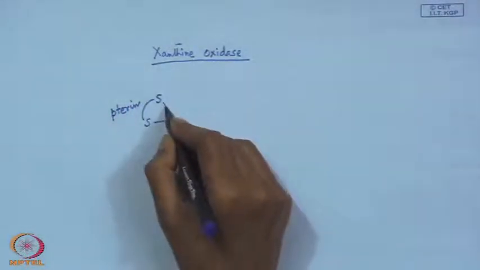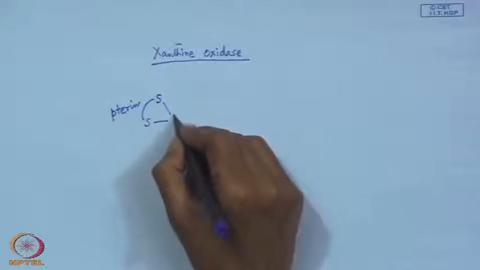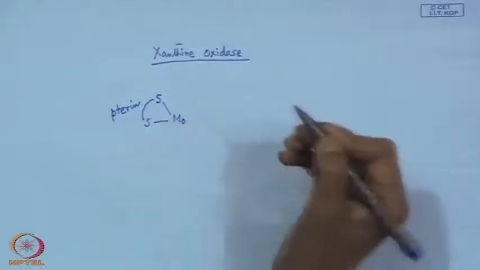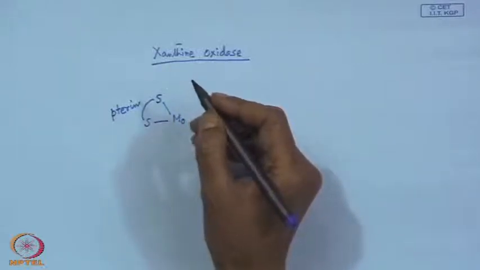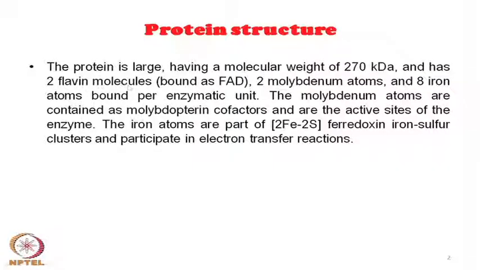Basically, these two sulfur groups are being utilized to bind this molybdenum site. When this pterin unit is bound to the molybdenum site, we consider it a molybdopterin cofactor, and therefore that cofactor is the active site of the enzyme.